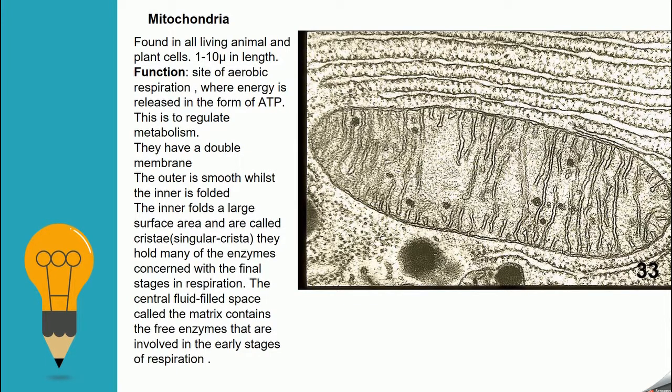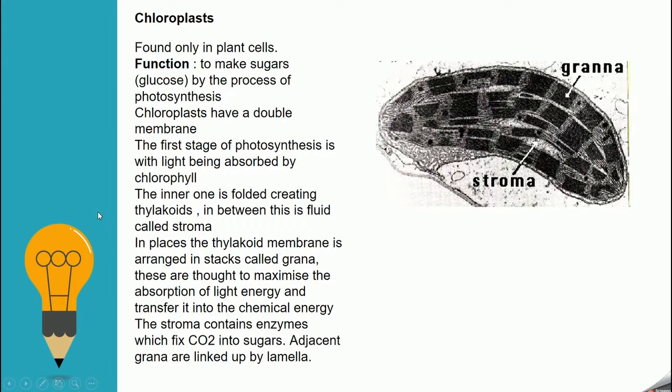So if we move on from mitochondria, the next one is chloroplasts. Now chloroplasts are found in plant cells, and the function of these chloroplasts is to make sugars by the process of photosynthesis. And chloroplasts have a double membrane.